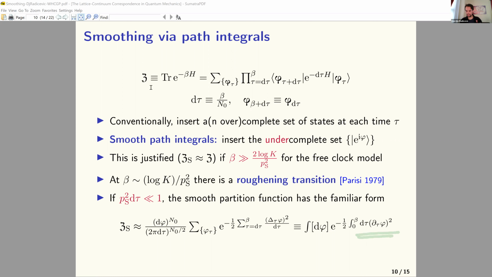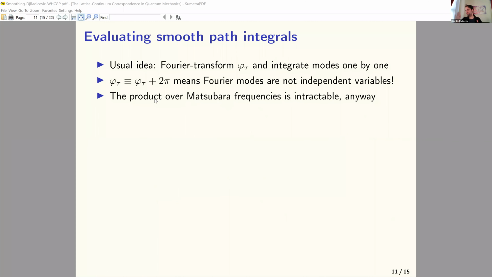Otherwise, you will get derivative corrections that scale with PS if PS is not sufficiently small. So this is a second bound that you need to keep in mind. If you want to get the elementary school answer, you have to have this second bound on PS, or if you wish, a second bound on d tau.